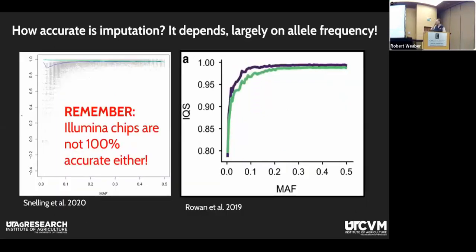And one thing that I'll throw out here too is that as we think about the accuracy of imputation, there's going to be a level of error that occurs, right? This is an inevitability. We're going to impute markers incorrectly at certain places. Those tend to be more rare markers, but it's also important to know that Illumina chips aren't 100% accurate either, right? We're not getting 100% accuracy with every genotype that gets called on an Illumina chip.